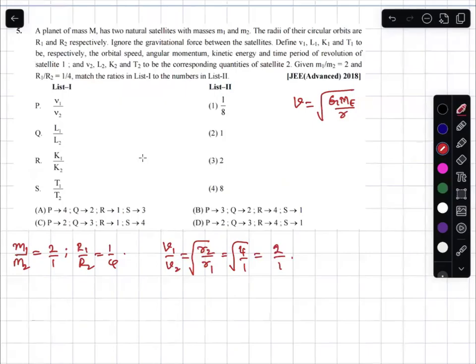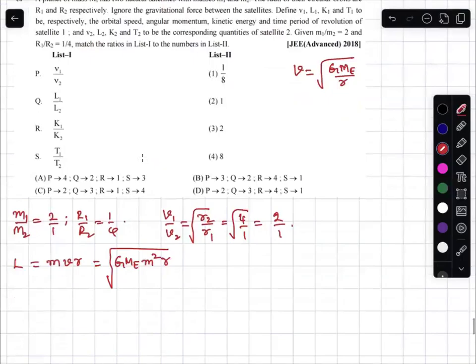Next point, angular momentum. What does angular momentum stand for? MVR, which means under root G mass of earth m square r, numerator r square, denominator r. So finally L depends on m square and r.